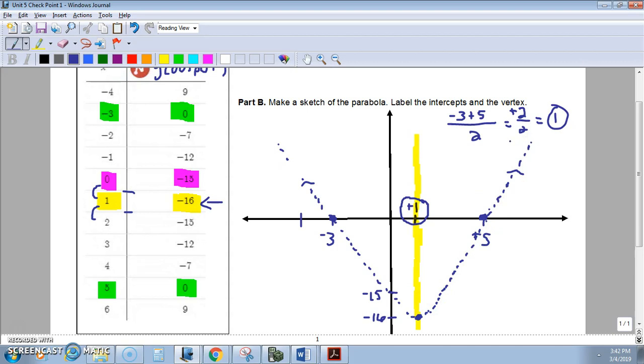So if you can think of any type of situation where something's going down and then going back up, you can pretty much use a quadratic formula to represent it. Maybe you're dropping a ball and it's bouncing back up, okay?